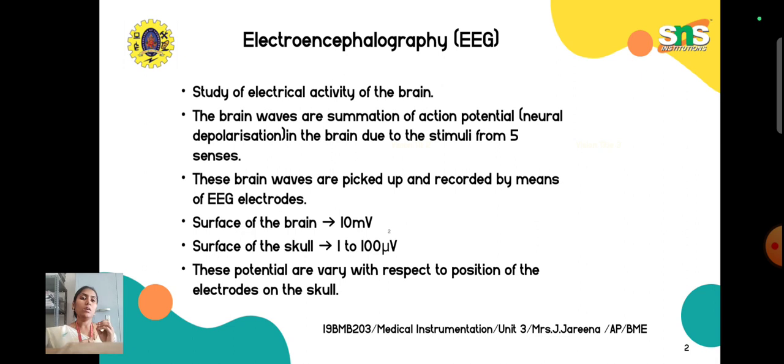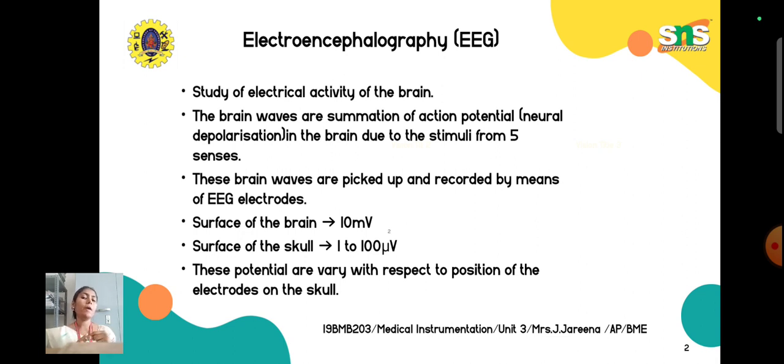The electrical activity of the brain waves is usually found at 10 millivolt when you place the electrodes directly on the surface of the brain. Whereas if you place them over the surface of the skull, the voltage you get from the brain is 1 to 100 microvolt. The variation of this output is because of the placement of your electrode.